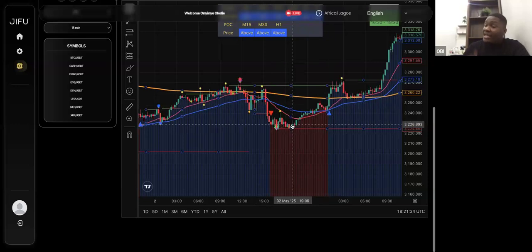A trader around the earth must have said, hey, let me just leave it, it will still retrace back. Gold never retraced back since the 25th of March. So once you're using Killshot and you see such occurrences happening, please close your trade and run away.